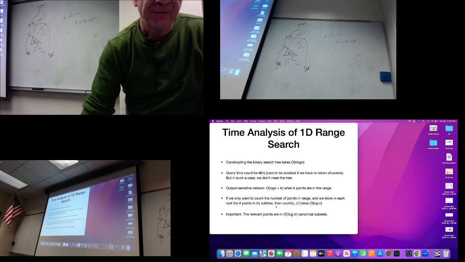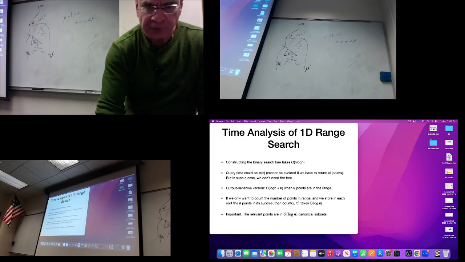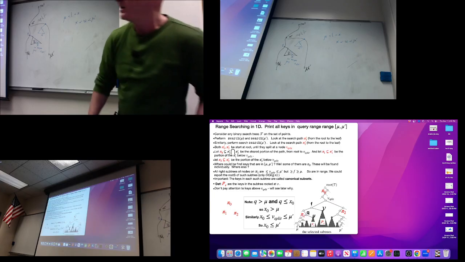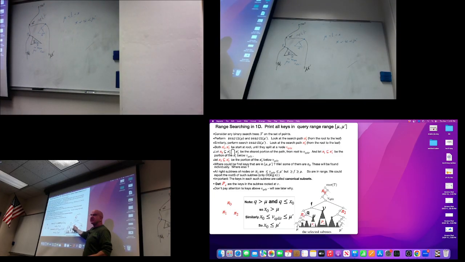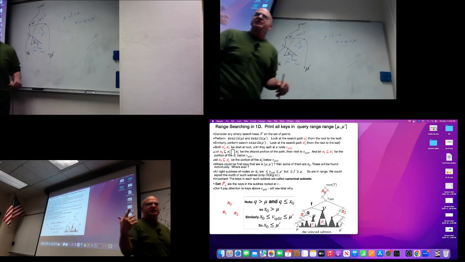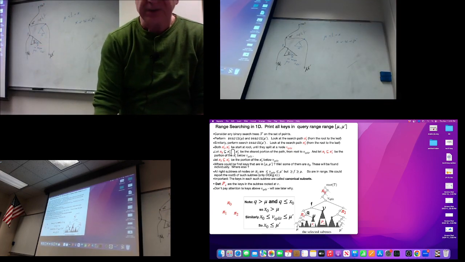And if I only want to count all these points, what should I do? Going back one slide, if I just want a count, then as long as every such subtree knows how many points there are in its own subtree, we have seen this trick many times, sum up all these numbers, and voila, you're done. So it's only in log n time that you can tell me how many points I have in range.